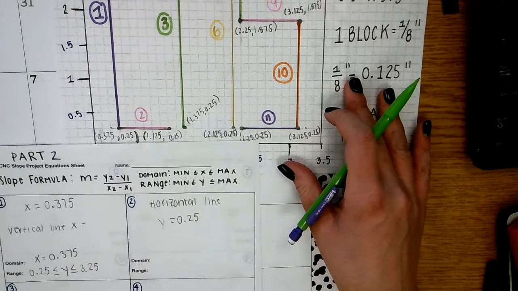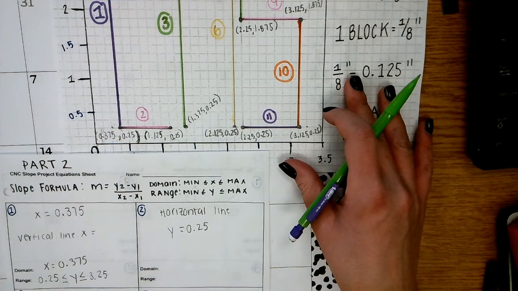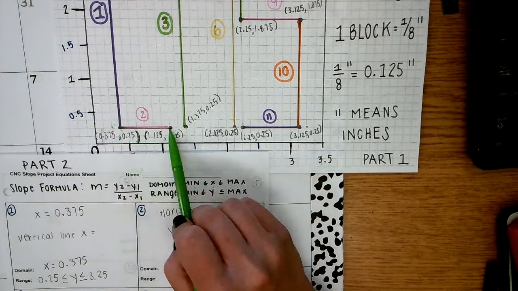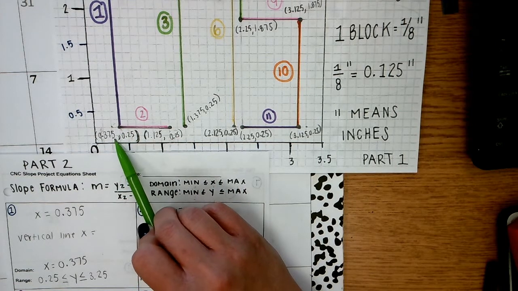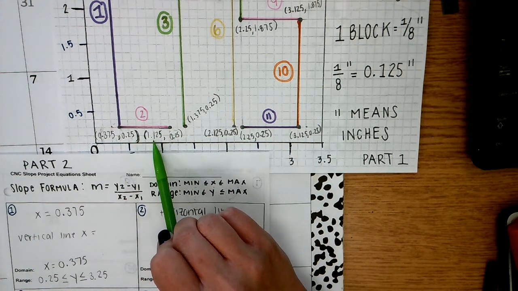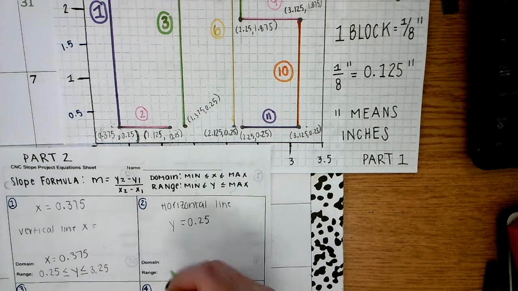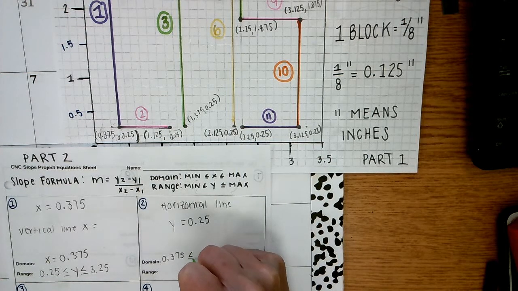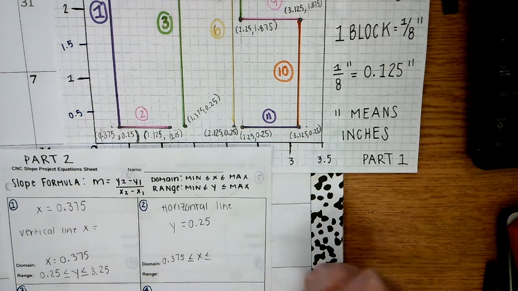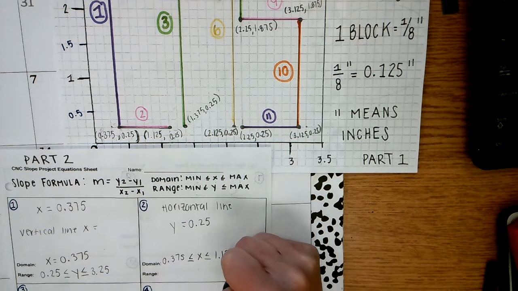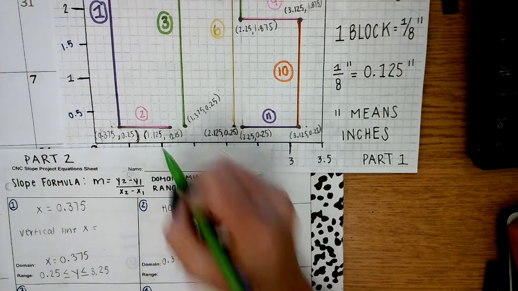For number 2, my domain, my x values, it looks like my smallest x value is 0.375, and my biggest x value is 1.125. So I'm going to say 0.375, your minimum x value, is less than or equal to x, because we're talking about domain, is less than or equal to 1.125, because that is our biggest x value.